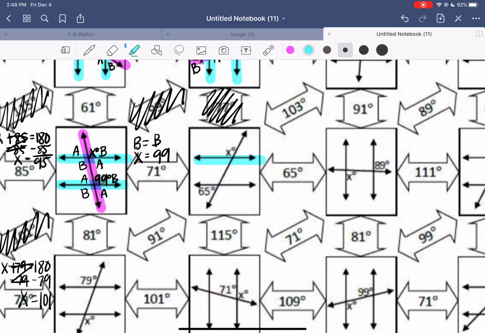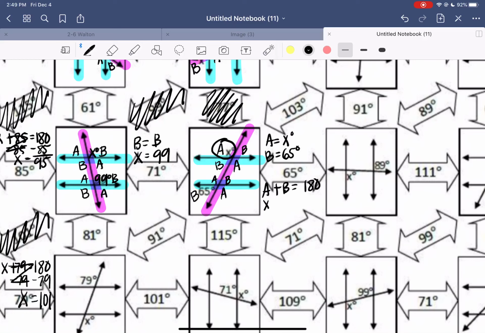So two lines being cut by a transversal, A, B, A, B, A, B, A, B. So we are looking for an A. So A equals X degrees, and we have a B equals 65 degrees. Since they're not the same, we have to do A plus B equals 180.